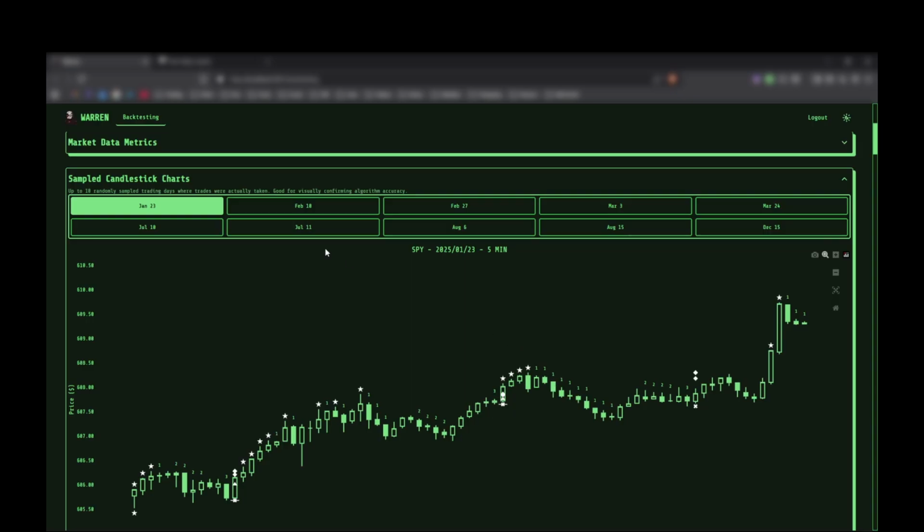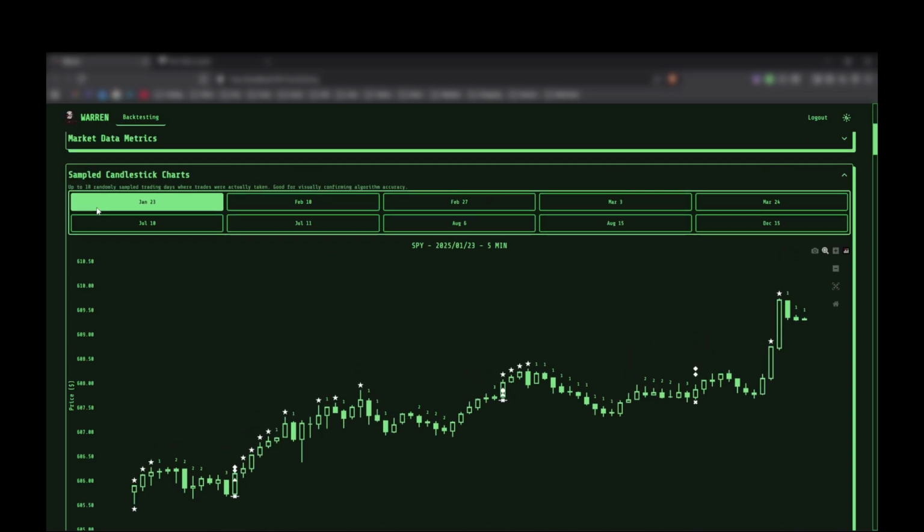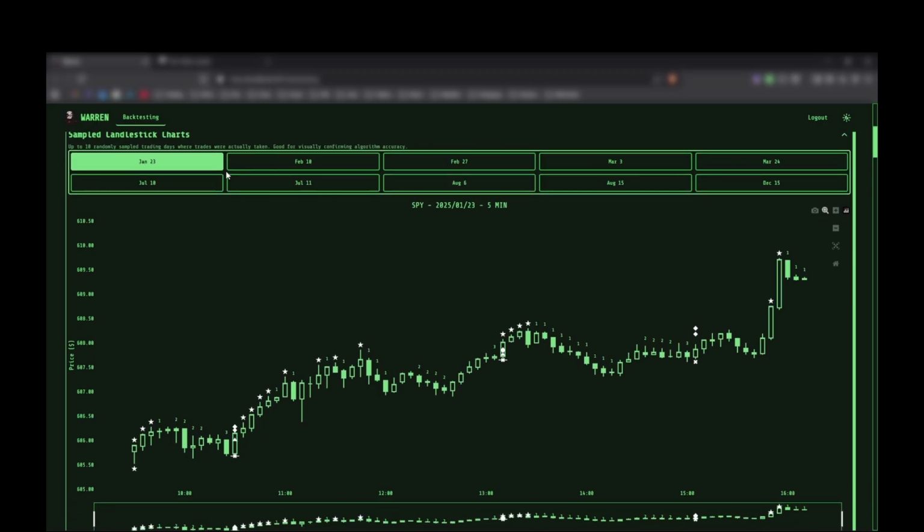Onto sampled candlestick charts. This was really the best way that I had to test if the algorithms were executing correctly. It shows the user how the algorithms actually execute, and allows the user to evaluate whether it's accurate.